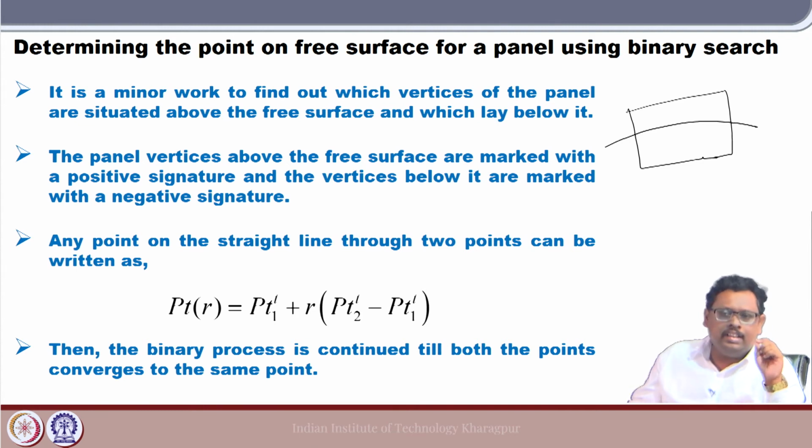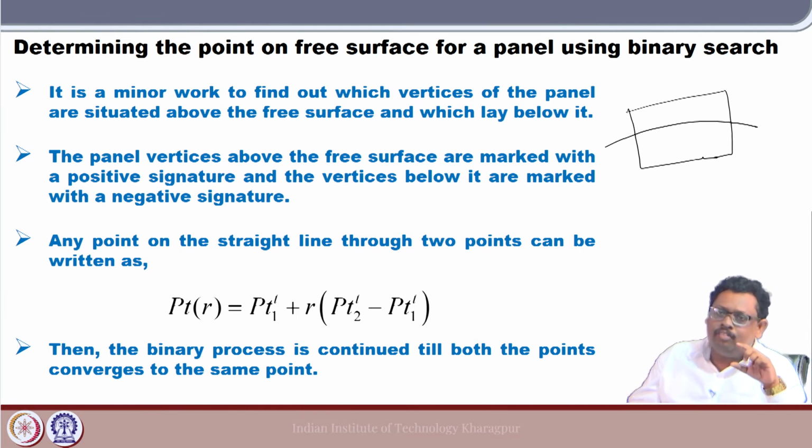Let us take plus 1 as above free surface and minus 1 as below free surface. If you get 4 plus 1, it means that all 4 points are above free surface. And if all 4 points are negative, it is entirely inside the water. Here also we are not very much interested in these two types.